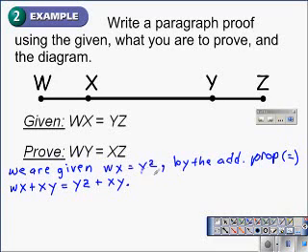Now the segment addition postulate comes in here. The segment addition postulate is going to establish that the measure of WX plus the measure of XY will give us the measure of WY. And that will also go for the measure of XY plus the measure of YZ will give us the measure of XZ.